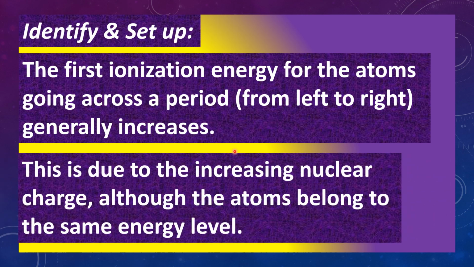Even if the elements belong to the same main energy level or energy shell, the nuclear charge or electrostatic force of attraction of the protons to the outermost electron or electrons is generally increasing.